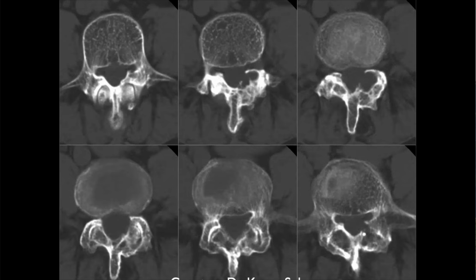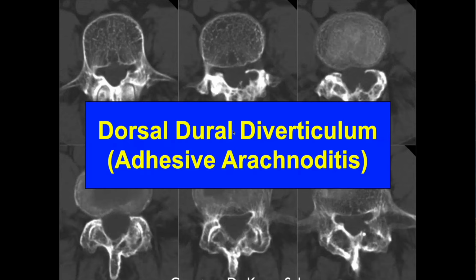So they actually, I think, operated on this particular case, and they thought these were dorsal dural diverticula, and thought there was some adhesive arachnoiditis in with this, but these are probably dural or arachnoid cysts, which are there, probably congenital, but maybe for a long period of time, enough to actually produce erosive changes involving the lamina.